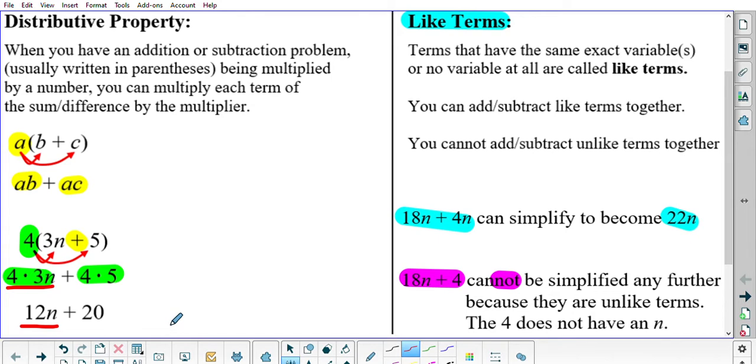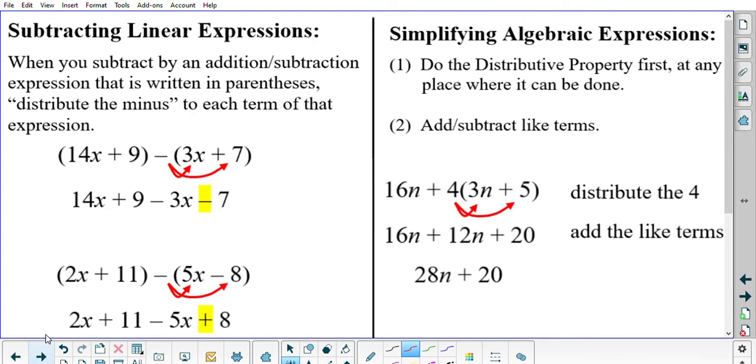The only time you have to have like terms in order to do the mathematical operation is when it's addition or subtraction. Speaking of subtraction, there is a very special thing that we learned earlier this school year on subtracting linear expressions. Follow along with me here. When you subtract by an addition or subtraction expression that is written in parentheses, then what you can do is what a lot of mathematicians call distribute the minus to each term that comes next, that's being subtracted, of that expression.